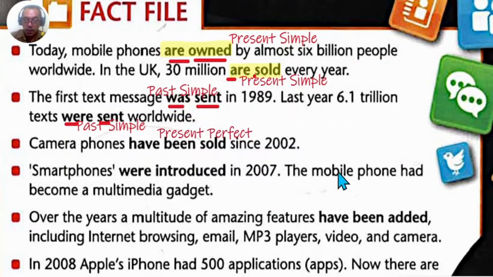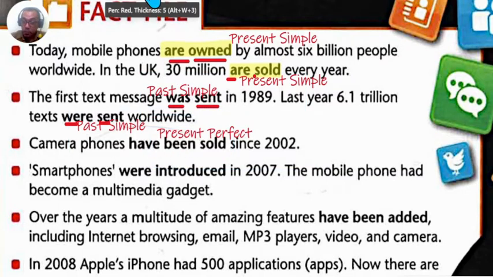How do I know that this is present perfect? Because there is the word have as the auxiliary, not the real verb.